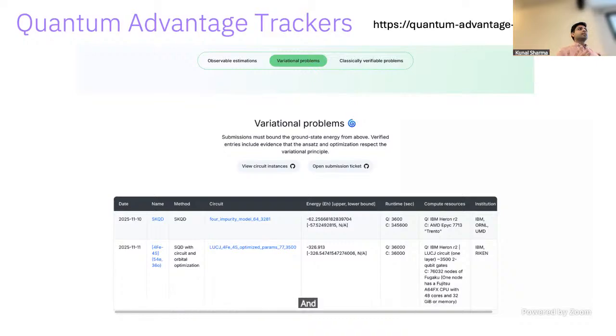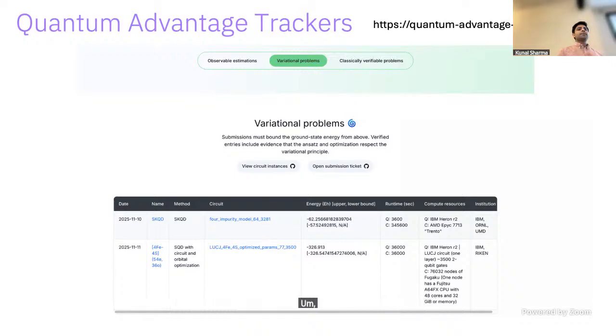Our hope is that the community can put new problems that they are trying on quantum hardware, and then anyone with classical expertise can try their method on those problems. So far, Flatiron Institute, an algorithmic company, and obviously Oak Ridge and Riken have put their classical methods for these problems.